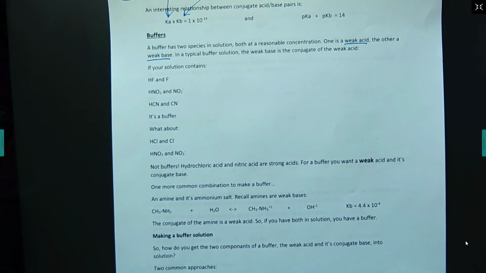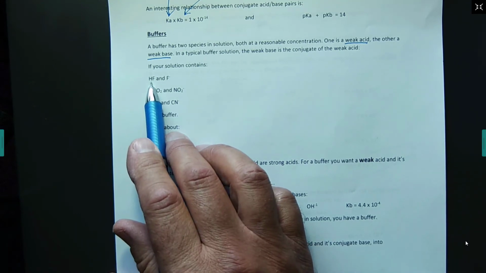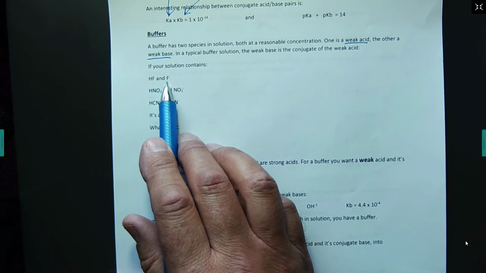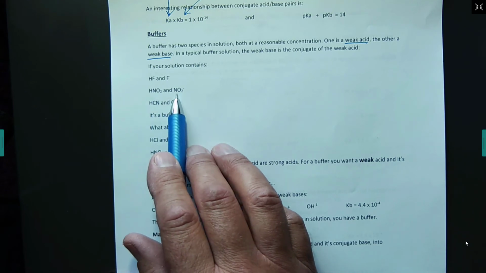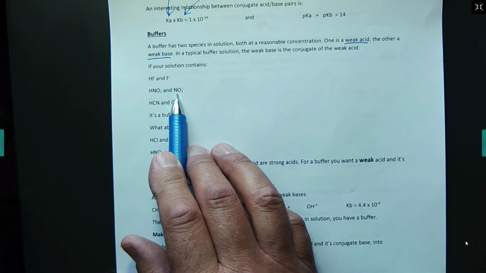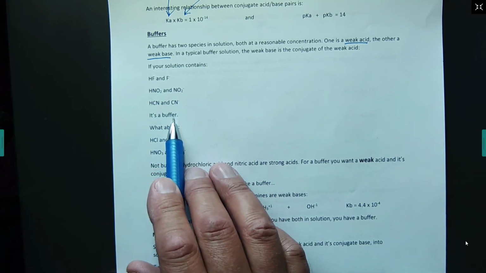So, if you have a solution that contains HF and its conjugate base, F-, it's a buffer. If it contains nitrous acid, which is a weak acid, and its conjugate base, which would be a weak base, it's a buffer. Weak acid, weak base, it's a buffer.